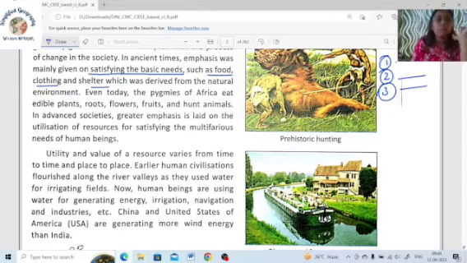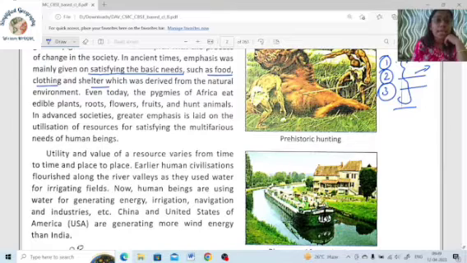But today in the modern era, we are not limited to only these three basic needs. We want more and more, and we are utilizing the available resources, and we are making new resources for the purpose of fulfilling our increasing demands.